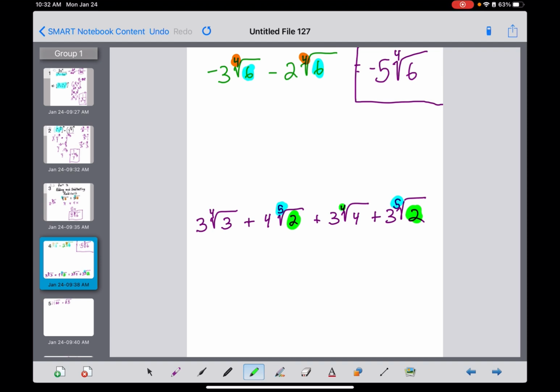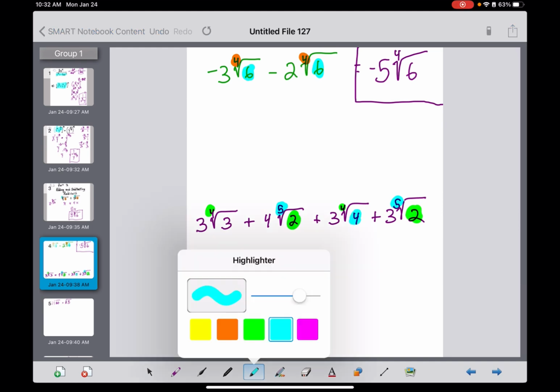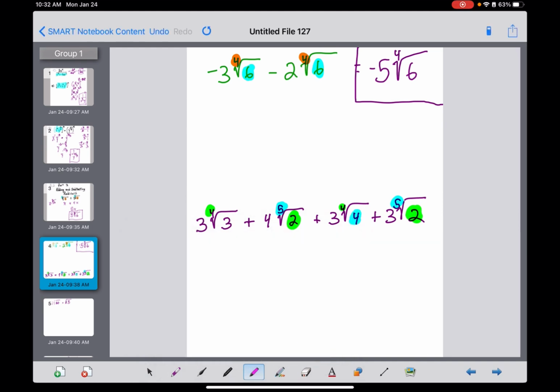Both of these have indexes of 4, but what's underneath the radical is different. Because what's under here is different than what's here, I can't combine them. So since we can't combine those, we just write them down. So it's 3 times the fourth root of 3.